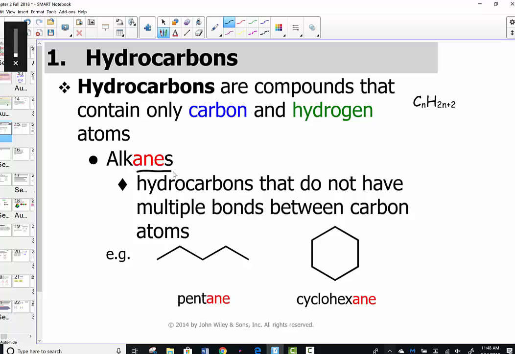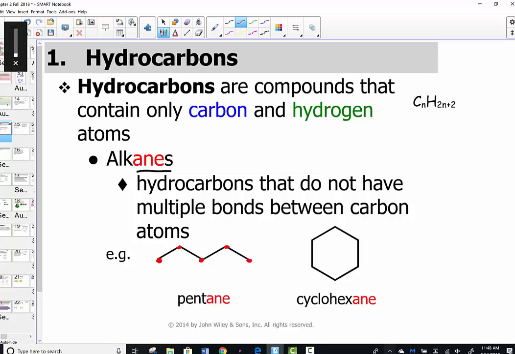And when I name an alkane, it will end with the ANE ending. So it's the suffix that's telling me a lot about the bonding inside the hydrocarbon. Ane means it's all single bonds. Notice, for instance, here I have 1, 2, 3, 4, 5 carbons.